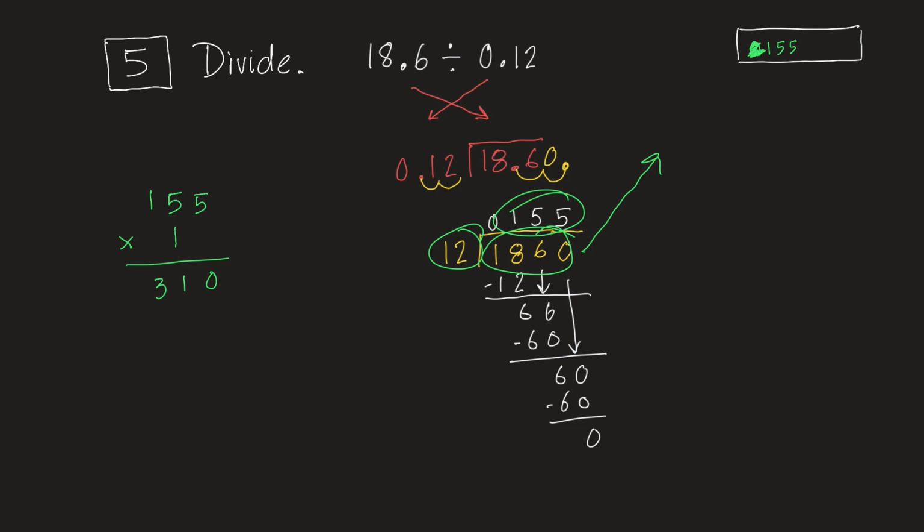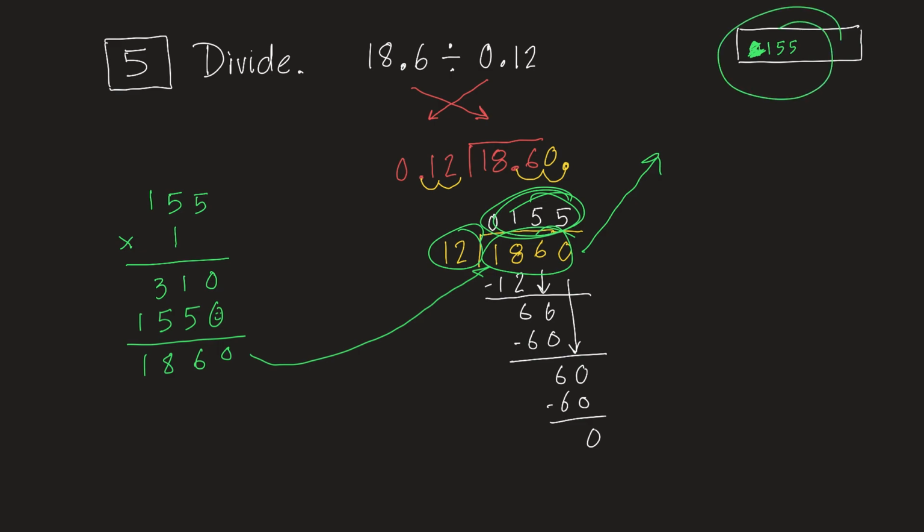Erase, because you're done with that. Add a smiley face. Now, 1 times 5, 1 times 5, and 1 times 1. Add them, 6, 8, 1. Is that equal to the dividend? Sure is. So our answer, this guy, is correct. And we already have it in the answer box up here.